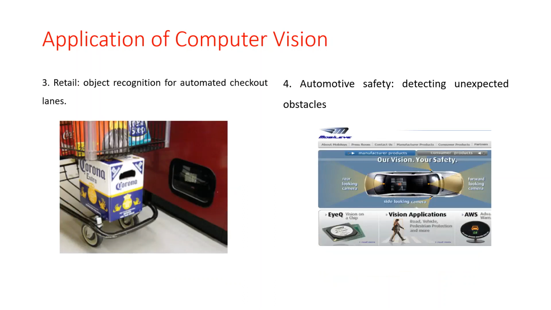The third application is retail, such as object recognition for automated checkout lanes. The fourth application is automotive safety. This is used for detecting unexpected obstacles such as pedestrians on the street, under conditions where active vision techniques such as radar or lidar do not work well.